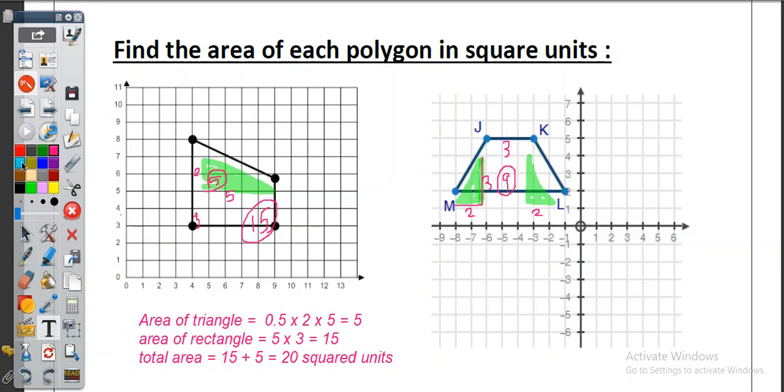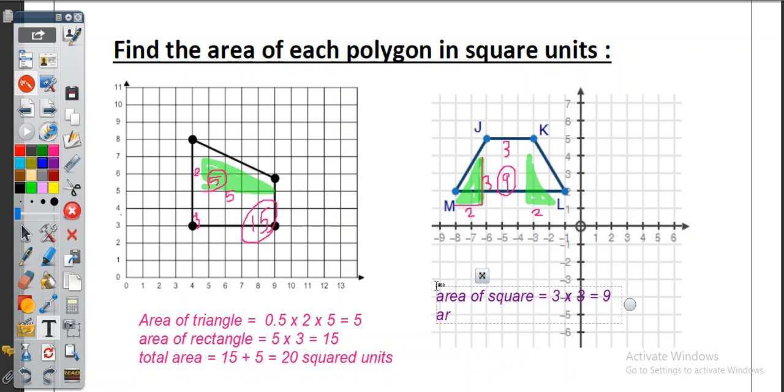Okay. Follow this. You will say the area of the square equals 3 times 3 equals 9 squared units.